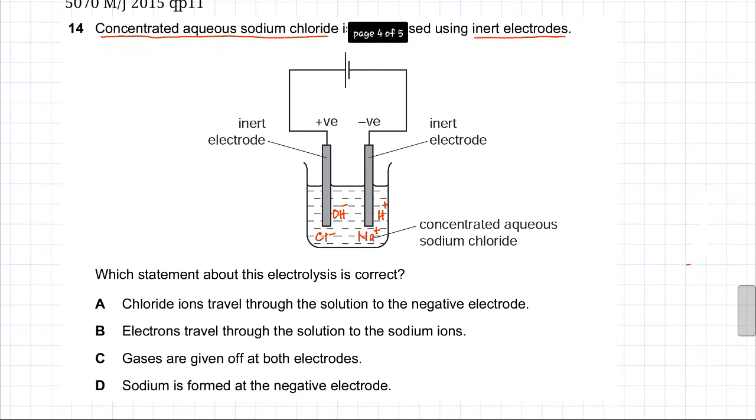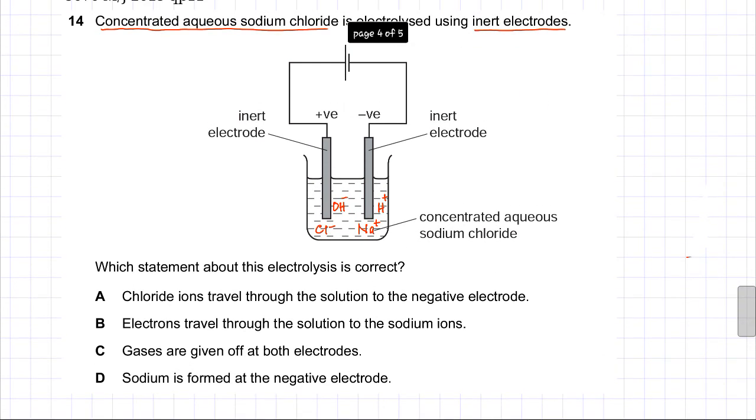Now the question asks which statement about this electrolysis is correct. The first one is that the chloride ions travel through the solution to the negative electrode. As you can see, Cl is in group 7, and it's a negative ion. It's going to be attracted to the positive electrode, not the negative electrode. So this statement is incorrect.